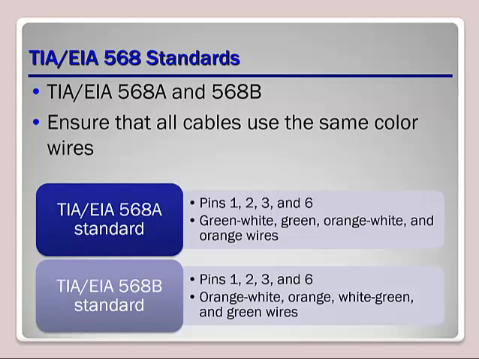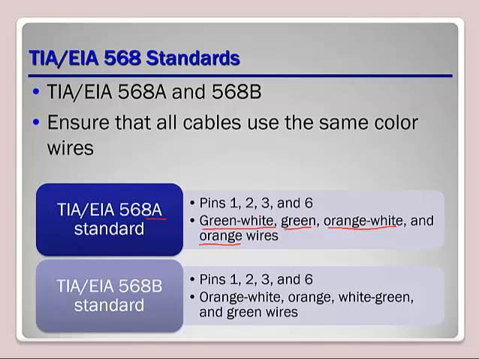Well, right here you see the A standard uses pins 1, 2, 3, and 6, which is the same for both of them. But on the A standard, you're going to use green-white, green, orange-white, and orange wires. So you're only going to use those two pairs for the transmit and receive, okay?